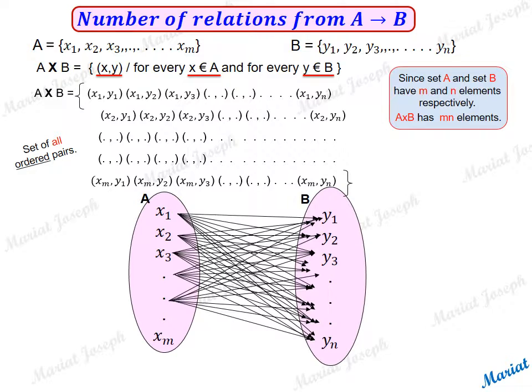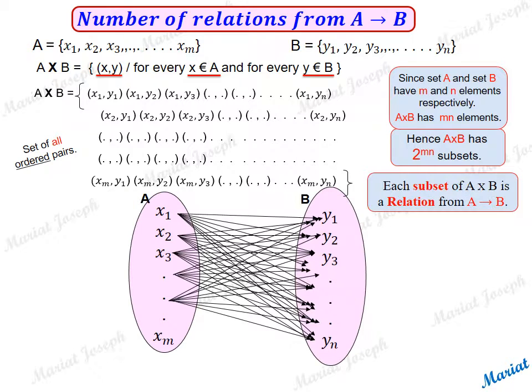Now, any relation from set A to set B is a subset of A cross B. Since A cross B has mn elements, there can be 2 raised to the power mn subsets. Each subset of A cross B is called a relation from set A to set B. So, the number of relations from set A to set B is 2 raised to the power mn.